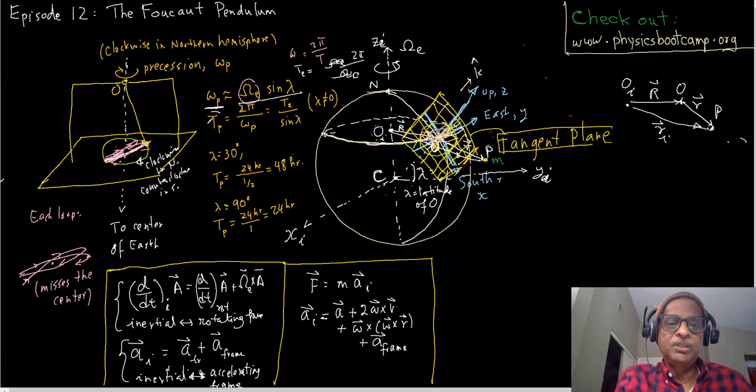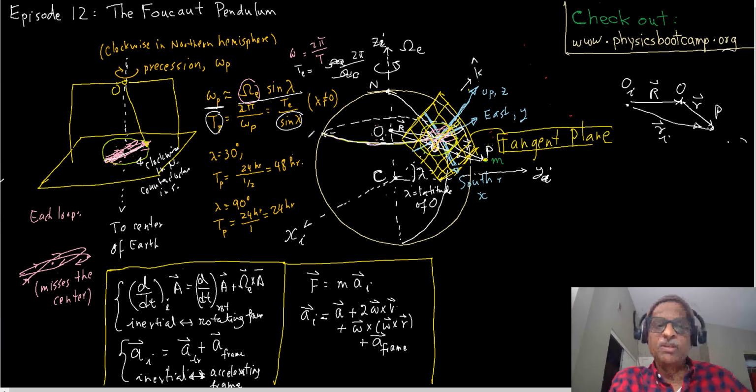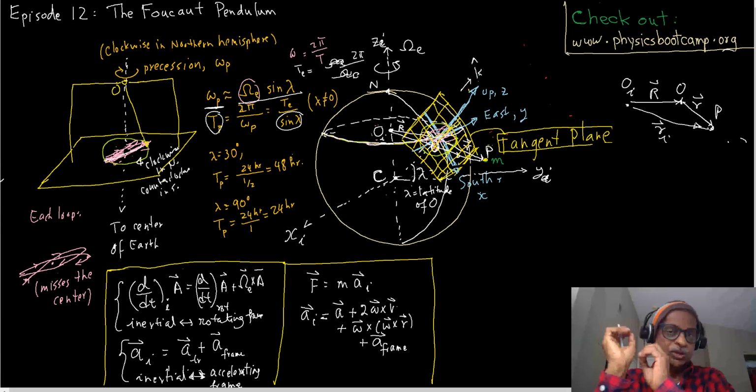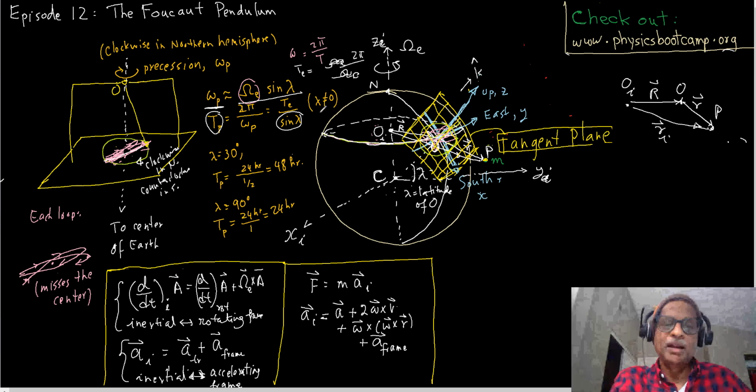You see the precession frequency involves the inverse of sine lambda. Lambda is the latitude of the place you're doing the experiment. Of course, lambda shouldn't be 0, otherwise this is undefined.